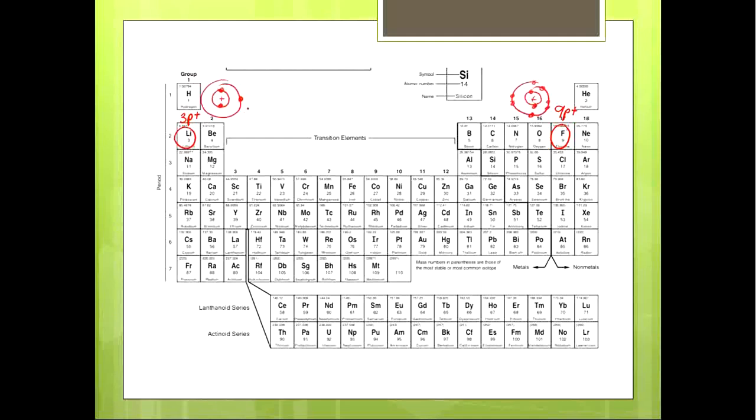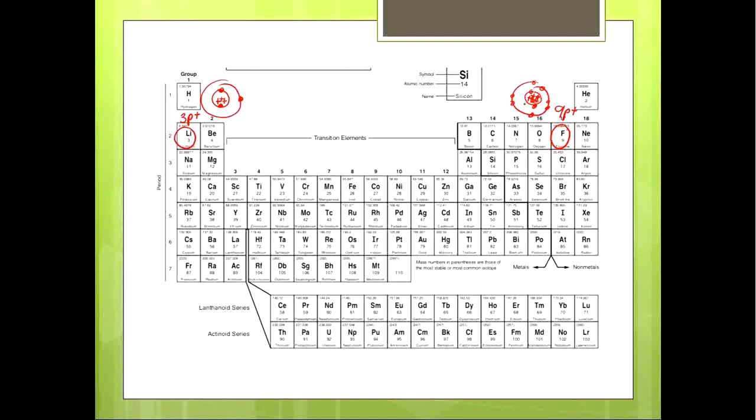Now, if you take a look at the diagram that I drew for lithium and fluorine, we see that both of these are on the same exact level. It has 2 energy shells, right? And the difference here is that lithium has 1 electron on the 2nd energy level, and fluorine has 7 electrons on the energy level. Now, as you increase the nuclear charge, so the nuclear charge gets more positive, right?